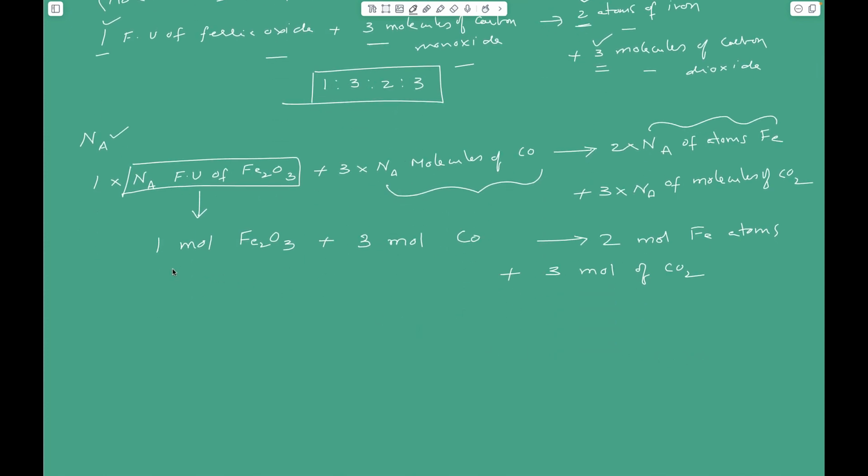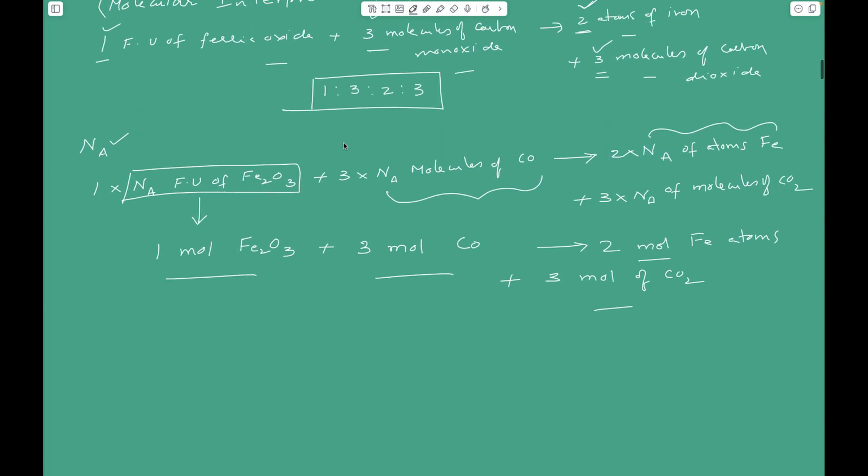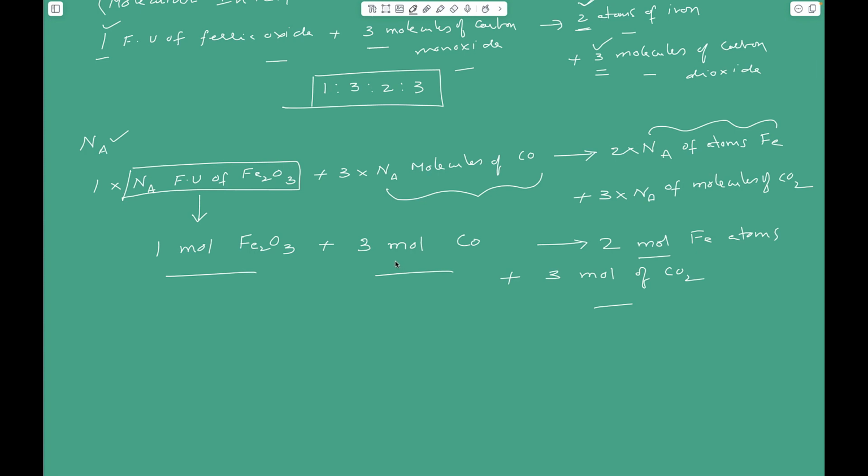Now we have another interpretation of the same equation in terms of moles. Now read this. It says 1 mole of ferric oxide reacts completely with 3 moles of carbon monoxide to produce 2 moles of iron and 3 moles of carbon dioxide.